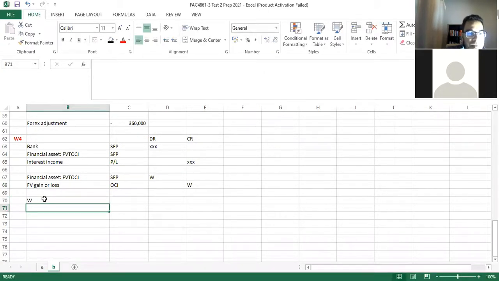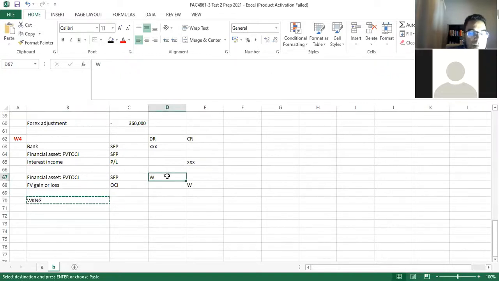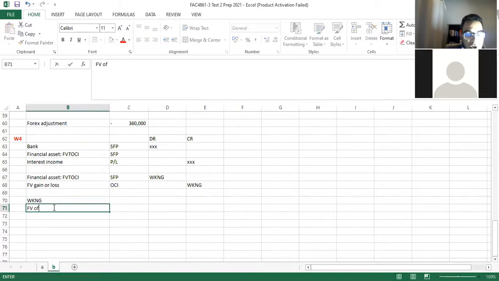It is going to be fair value of financial asset less financial asset amortized cost. So whatever the amortized cost amount is, you compare the financial asset at fair value to the amortized cost amount.